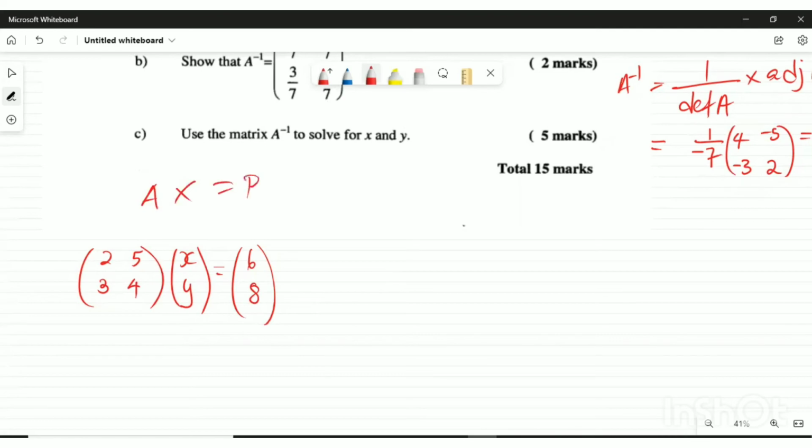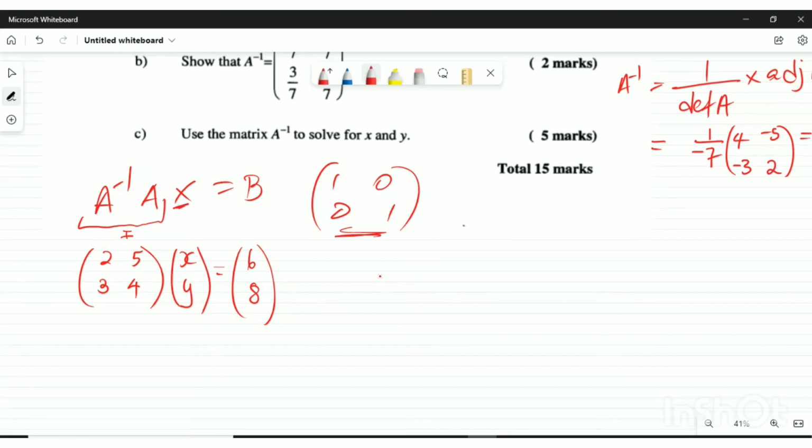AX equals B. Whenever the inverse of a matrix is multiplied by the matrix, it becomes the identity matrix. The identity matrix times X will leave X, because that's what the identity matrix does. The identity matrix is 1, 0, 0, 1. If you use this matrix to multiply by anything, that thing remains the same.